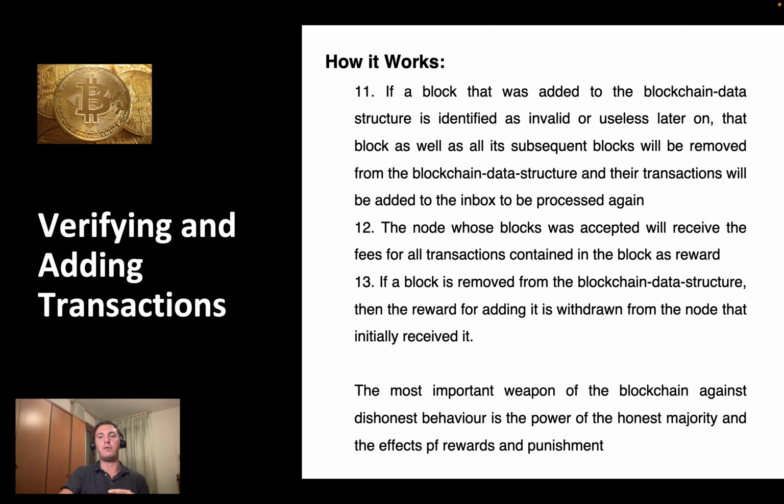And if a block is removed from the blockchain data structure, then the reward for adding it is withdrawn from the node that initially received it. The most important weapon of the blockchain against dishonest behavior is the power of the honest majority and the effect of rewards and punishment.